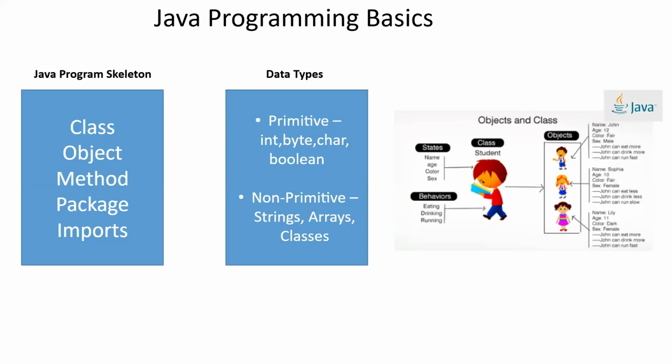Okay, and if you take any program, even to do addition or subtraction, you need variables, correct? A plus B is equal to C, which means A has to be declared, B has to be declared, C has to be declared. A could be an integer, B could be an integer, C could be an integer.